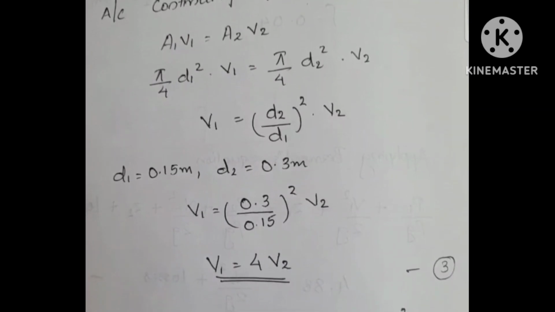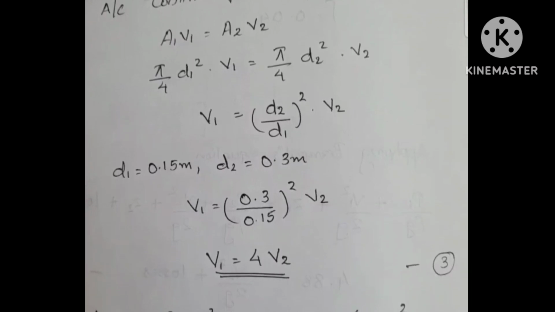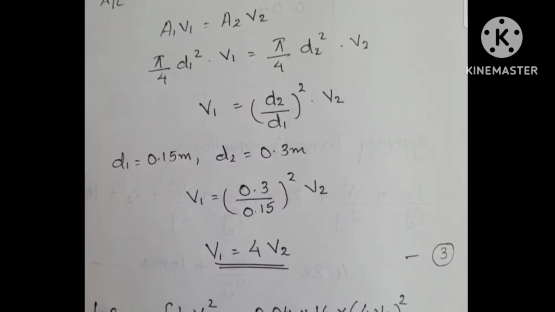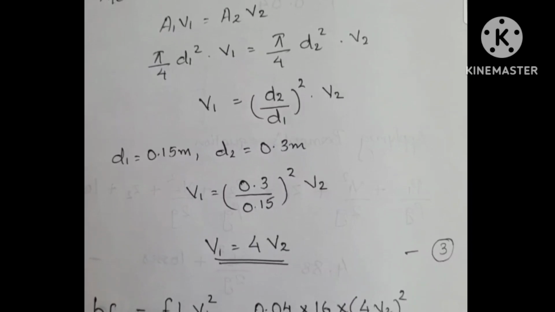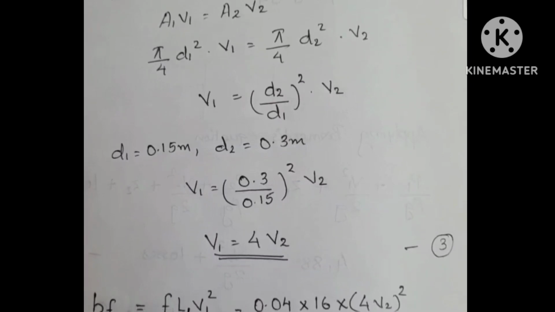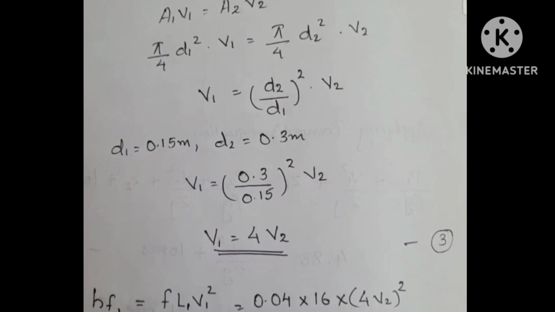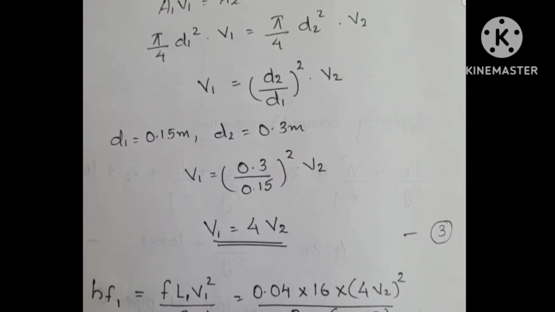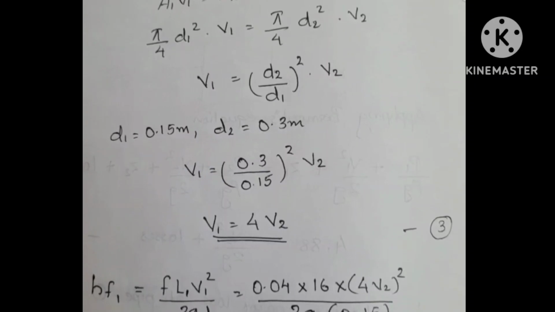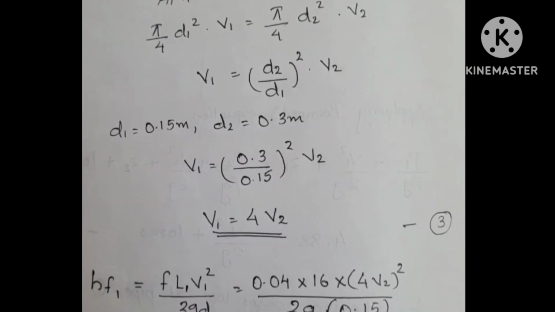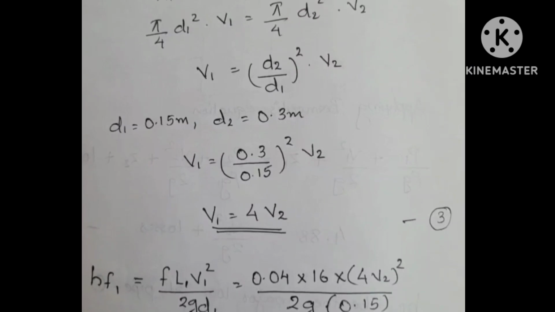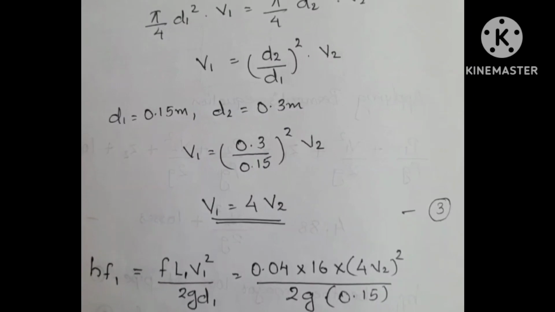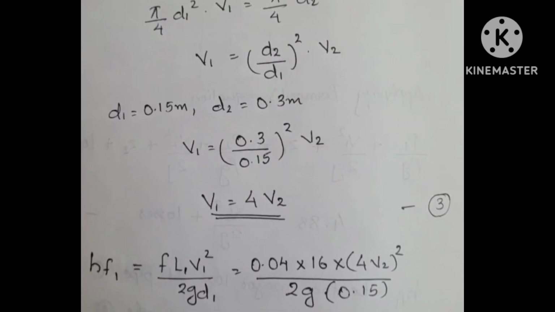A1 is given by pi by 4 D1 square into V1 is equal to A2, pi by 4 D2 square into V2, and on solving we get V1 is equal to D2 by D1 the whole square into V2. By giving the values of D2 as 0.3 and D1 as 0.15 meter, on solving we get V1 is equal to 4 V2. So we have to substitute the value of V1 as 4 V2.